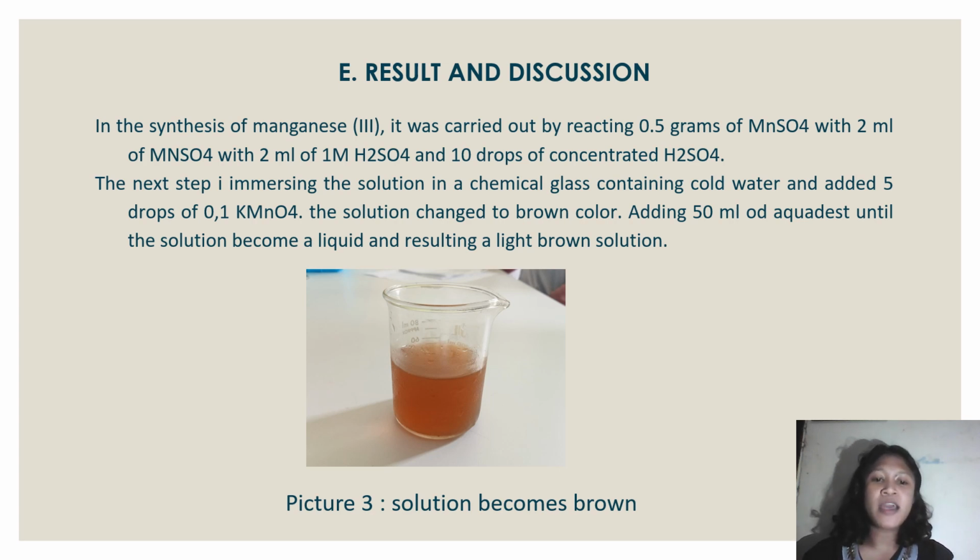The next step, immersing the solution in a beaker glass containing cold water and adding 5 drops of potassium permanganate. The solution changed to brown color. Adding 50 ml aqueous until the solution becomes liquid resulted in a light brown solution.